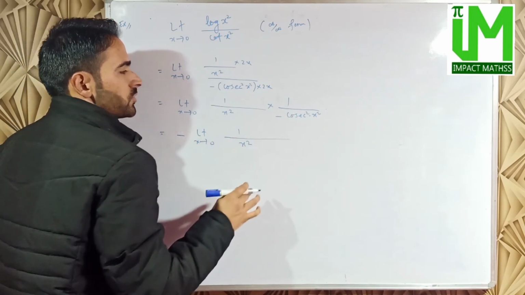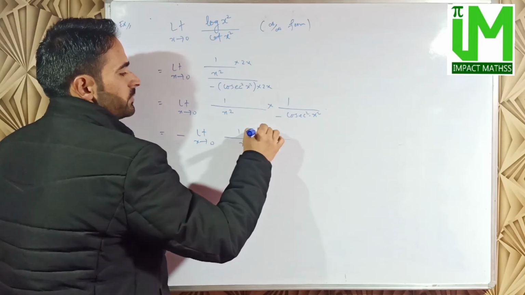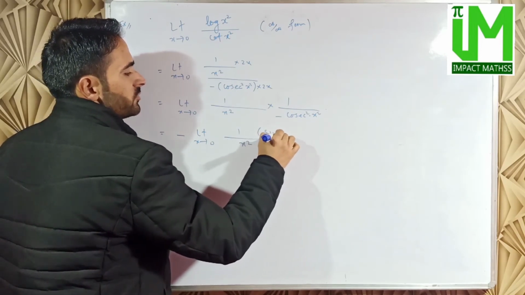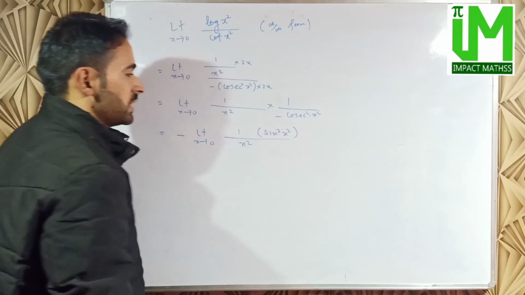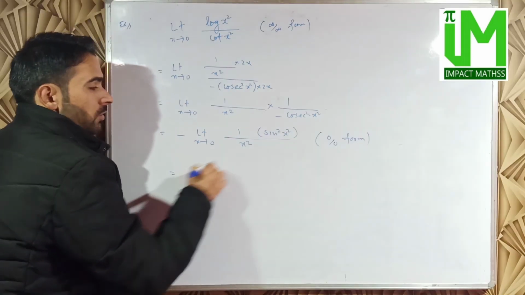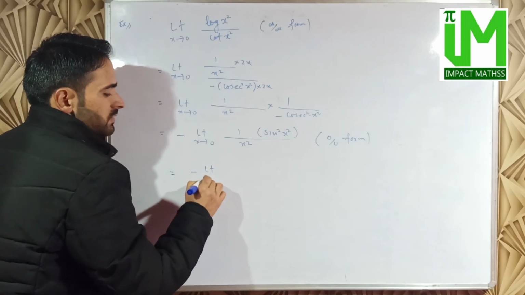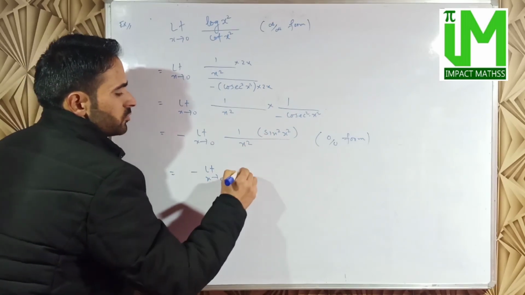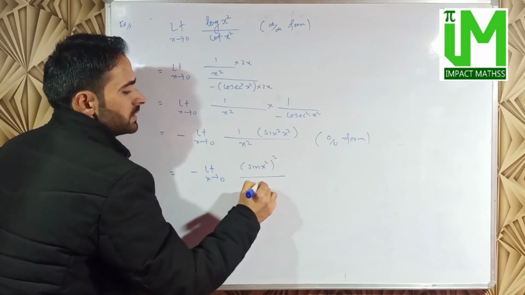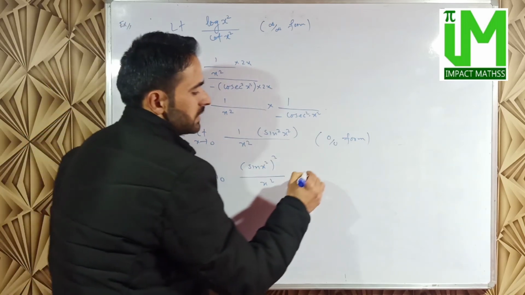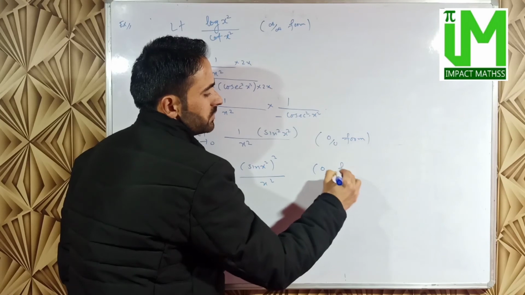Cosec is the reciprocal of sine, so it will be sine square x square by x square. Or we can write this as minus limit x approaches 0, (sine x square) whole square divided by x square. Thus this is again reduced to 0 by 0 form.